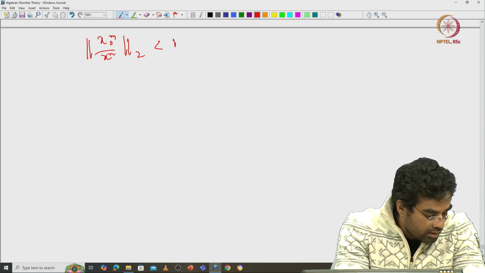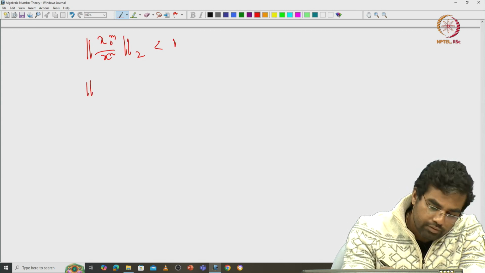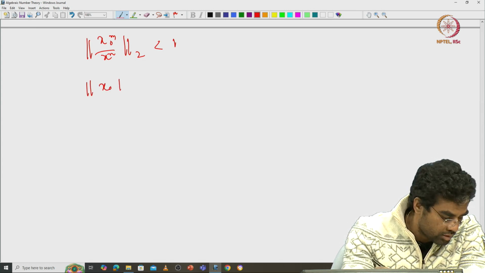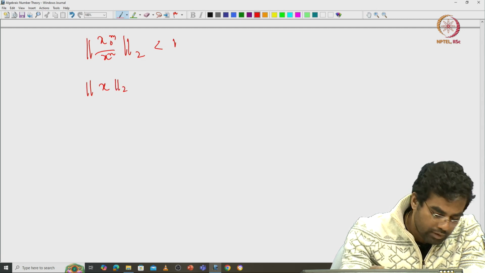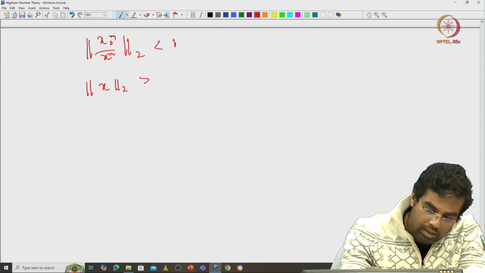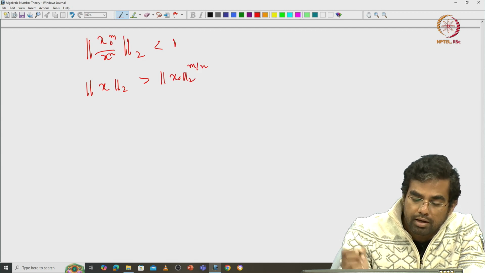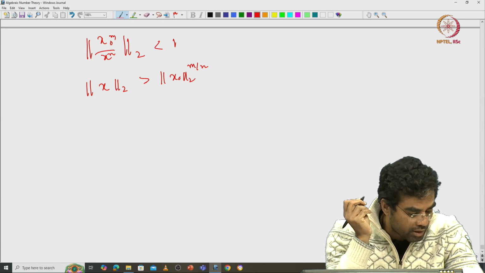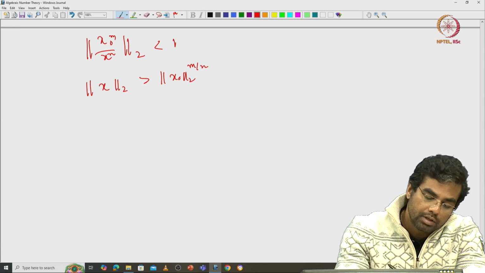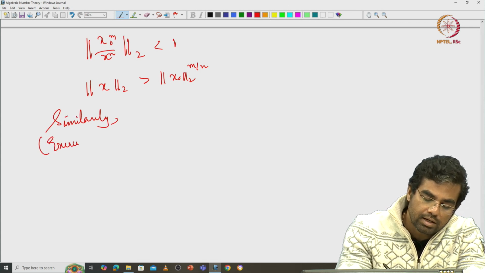So, I can rewrite this as the second valuation of x is bigger than the second valuation of x0 to the m by n, and this holds for any rational number m by n which is bigger than lambda.